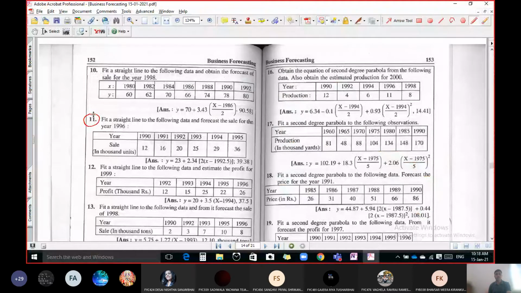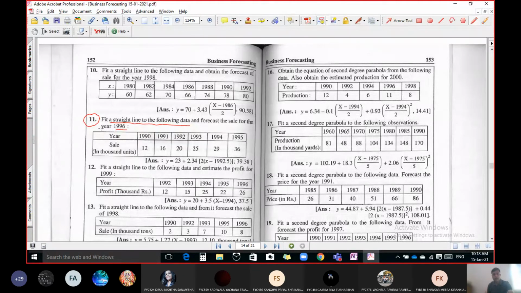See, in question number 11, what is given? Fit a straight line to the following data and forecast sales for the year 1996. So it is almost the same as the previous one. What is the difference? Here the number of years are 6 instead of 7. Then how to solve this question?